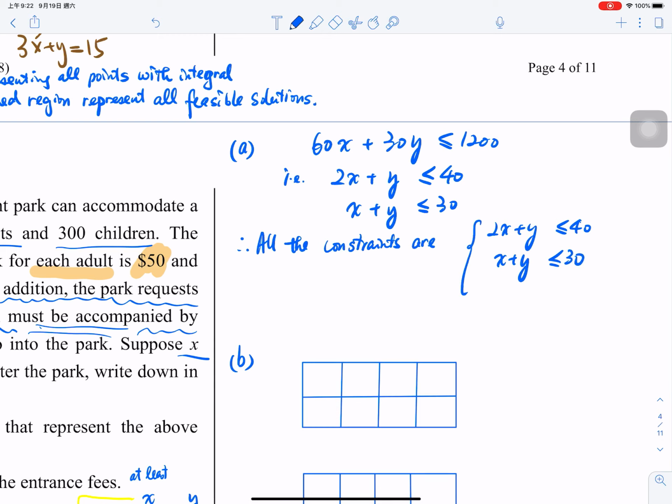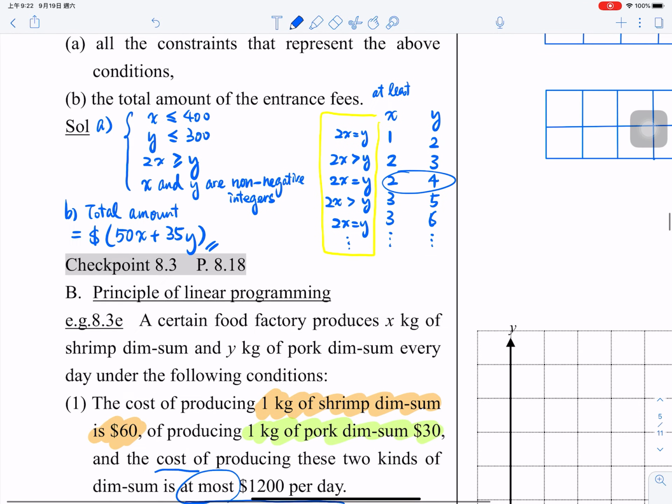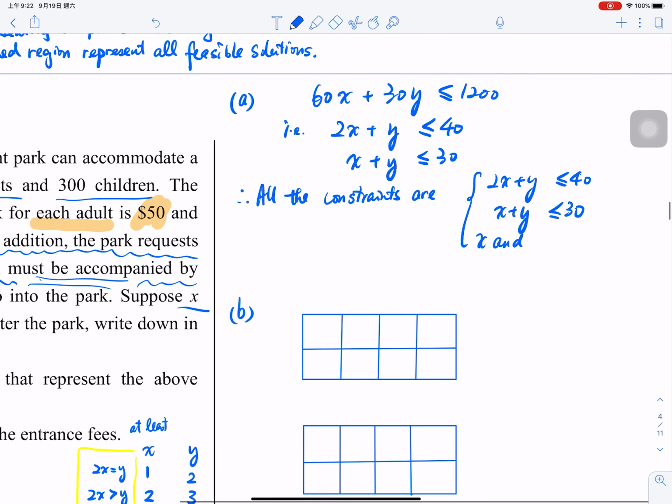And at last, the condition on x and y. This time, x and y are the weights of different dim sum, spring and pork. So x and y are non-negative numbers only this time.